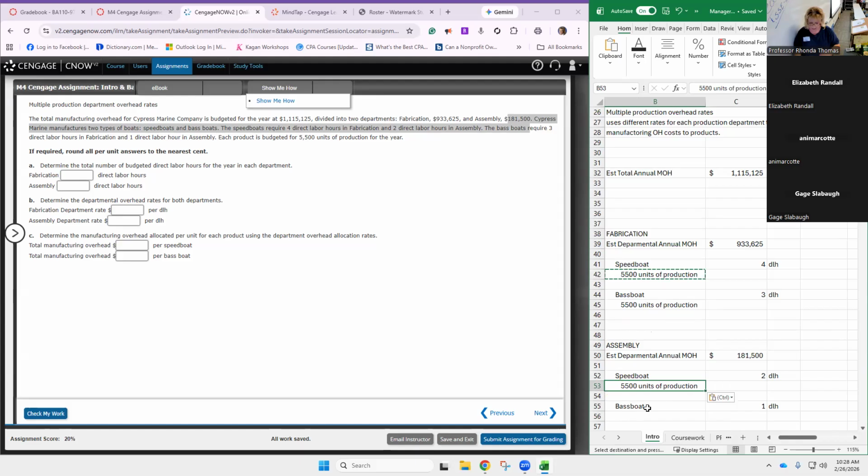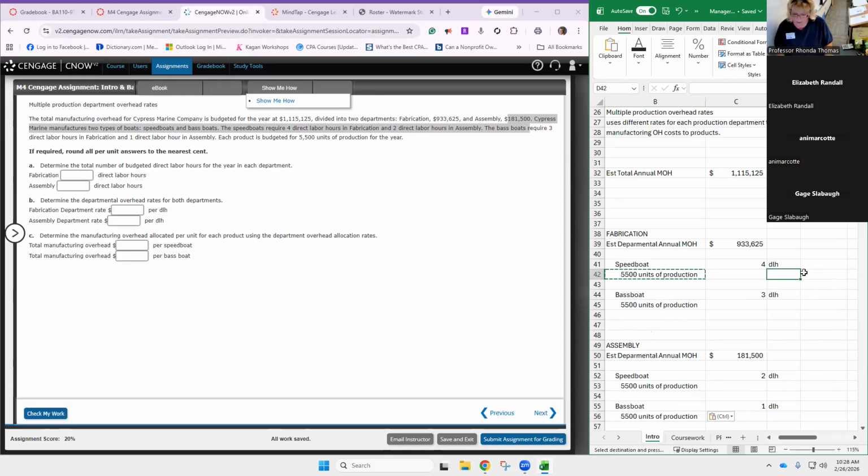And then we're going to have different totals for the direct labor hours, because eventually we're going to add fabrication together. So determine the total number of budgeted direct labor hours for the year in each department.